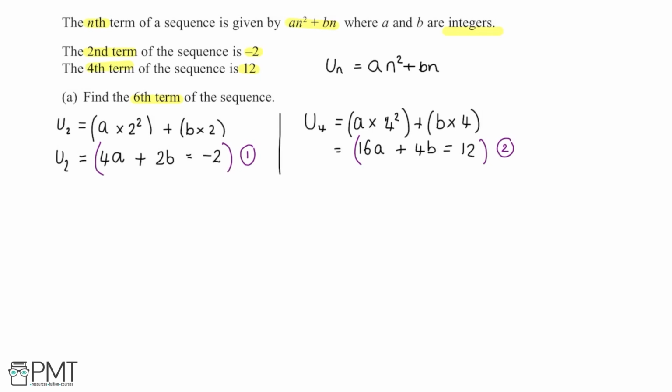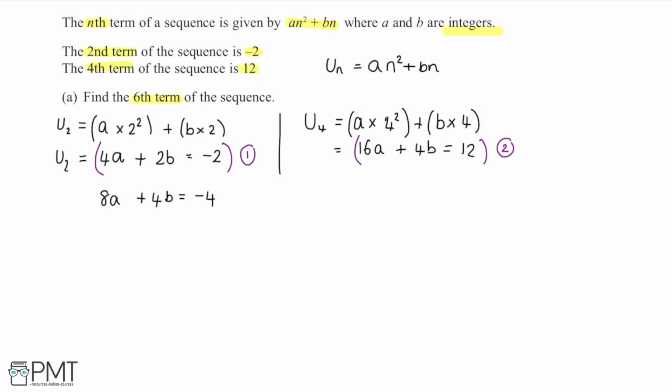So if we double equation 1 here, we end up with 8a plus 4b is equal to minus 4. So I've multiplied the 4a by 2, the 2b by 2, and the minus 2 by 2. So we multiplied everything on either side of the equation by 2.